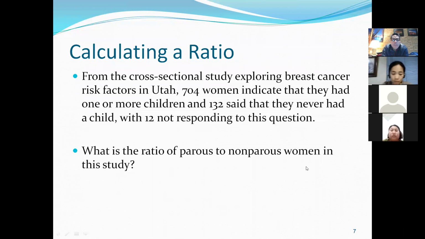Based on the given, we could simply put 704 divided by 132, right?